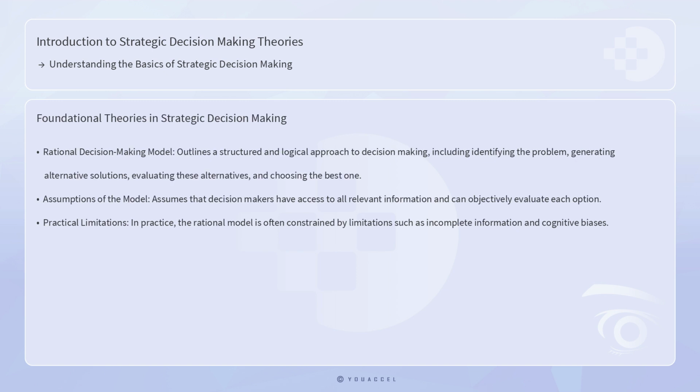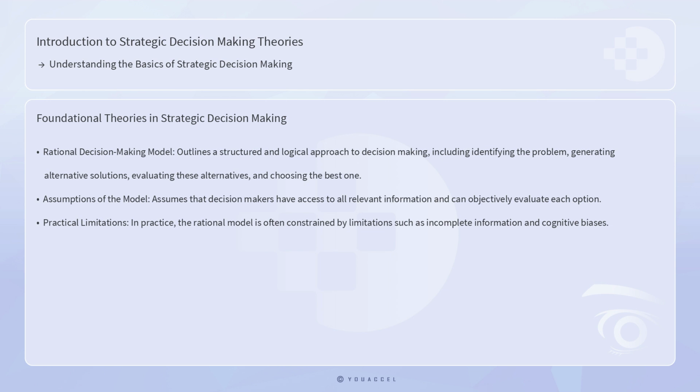Strategic decision-making is rooted in several foundational theories that provide various lenses through which decision-making processes can be understood and optimized. One of the primary theories is the rational decision-making model, which outlines a structured and logical approach to decision-making.